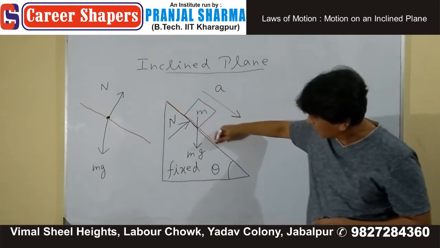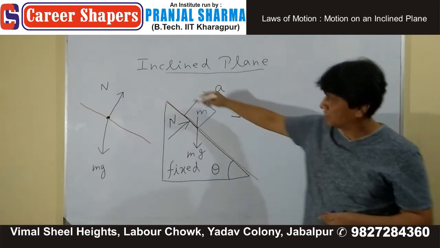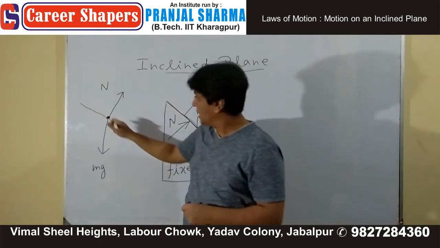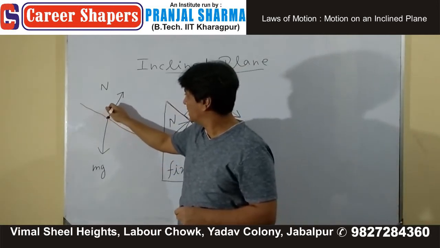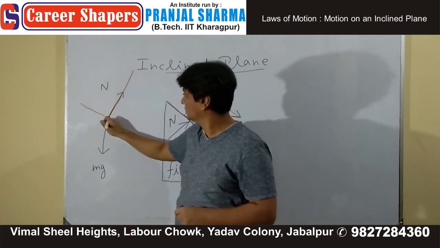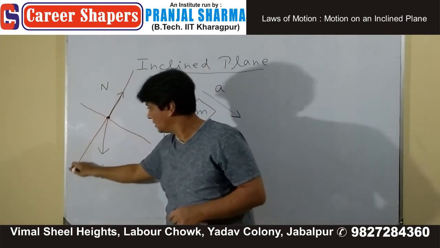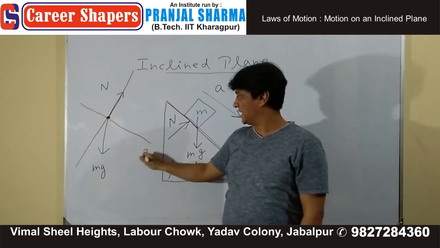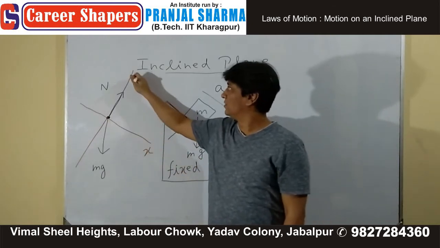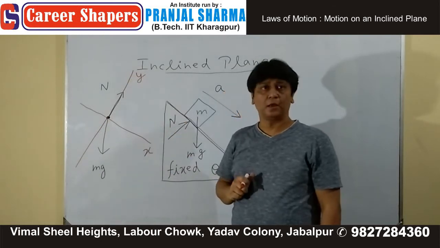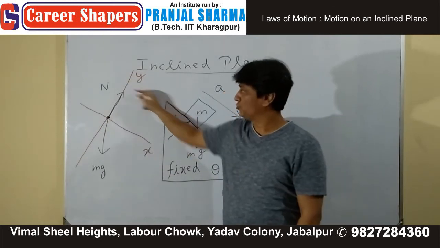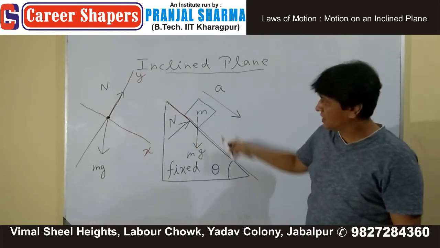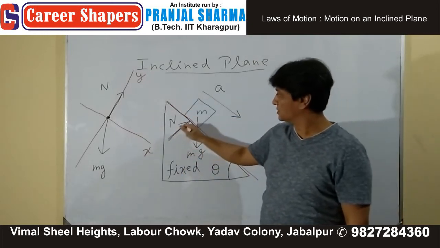I don't know if you can see the color and all, but this is red color. This is the second axis. If somebody says that this is x-axis, then this will be called what? Y. The only requirement is that they should be mutually perpendicular, and they are. One is this and the other one is this.